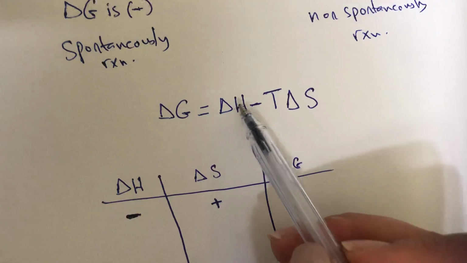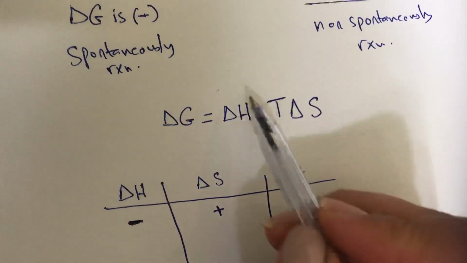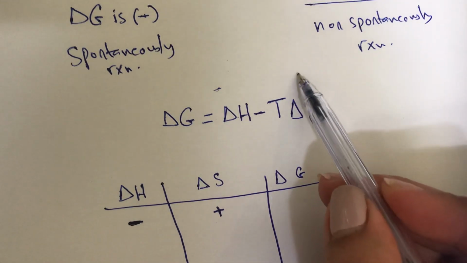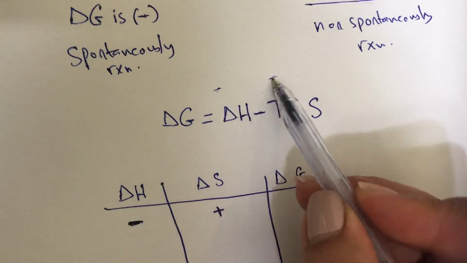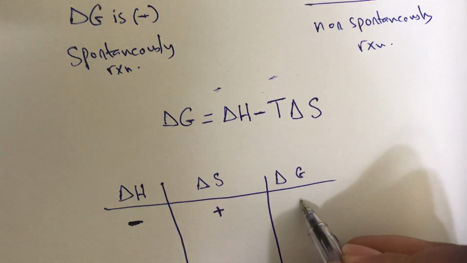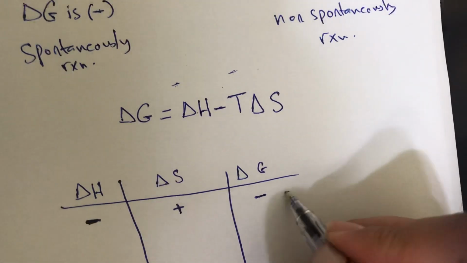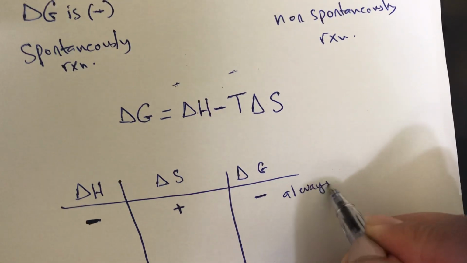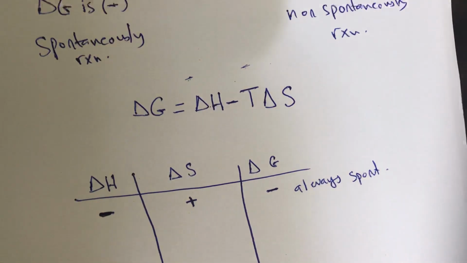So when delta H is negative and delta S is positive, and here you have a negative sign, so negative plus negative, the answer is negative. So in this case, it's always a spontaneous reaction.